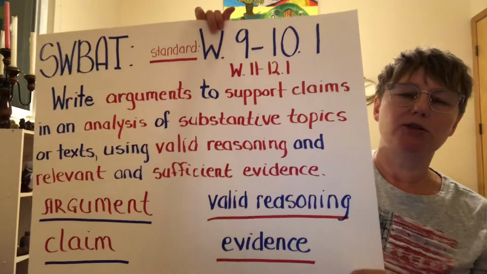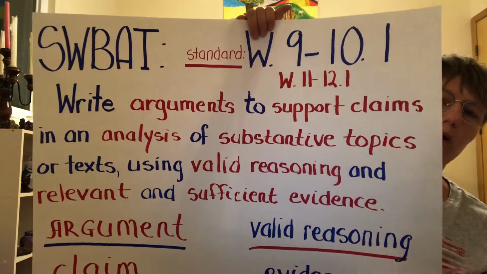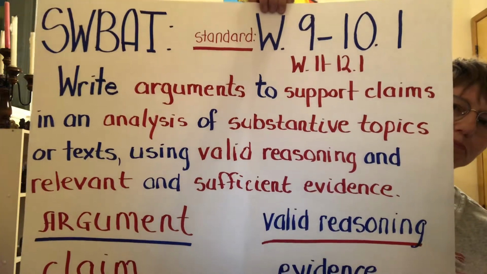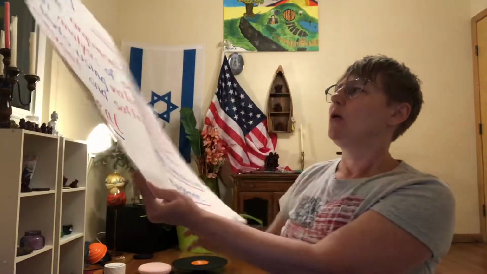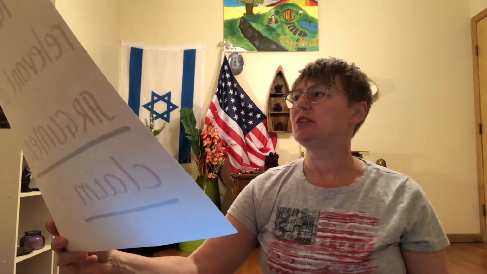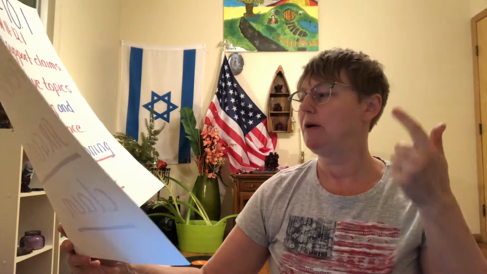Our students will be able to read it together: write arguments to support claims in an analysis of substantive topics or texts using valid reasoning and relevant and sufficient evidence. Our 4 major words here are argument, claim, valid reasoning, and evidence.